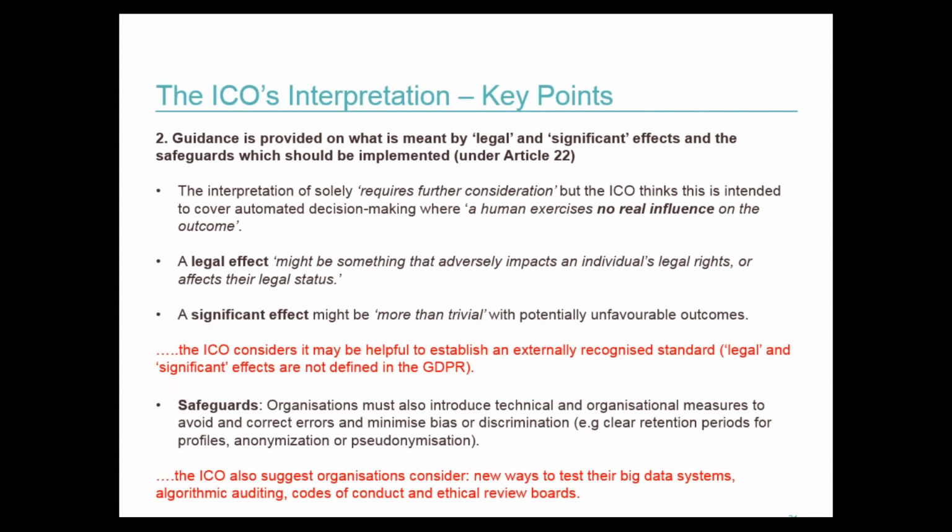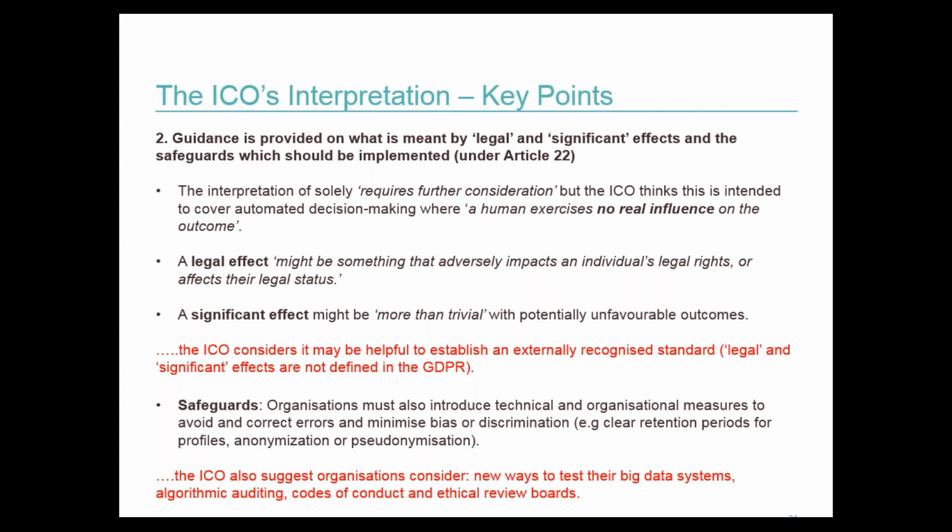However, the ICO thinks that it's intended to cover automated decision making where a human exercises no real influence on the outcome, rather than being solely based on automated decision. So no real influence is obviously different to solely. And again, it indicates the ICO is going potentially wider than the text of the GDPR suggests.